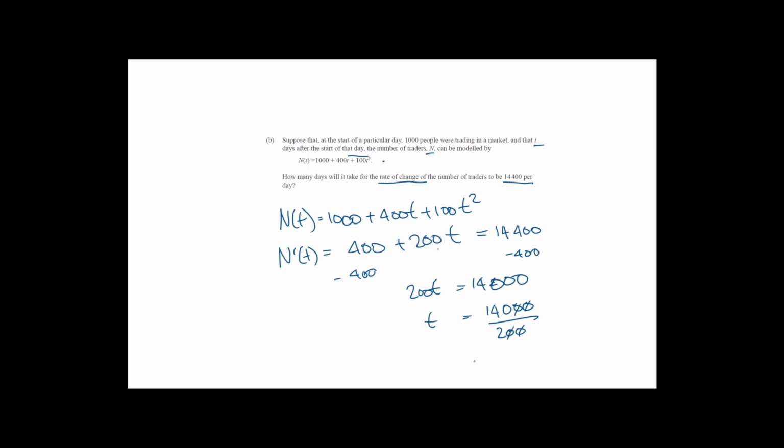So 140 over 2. So t is 70. And what's the unit? 70 days. Okay, that's our answer. It should be harder, but that's the answer.